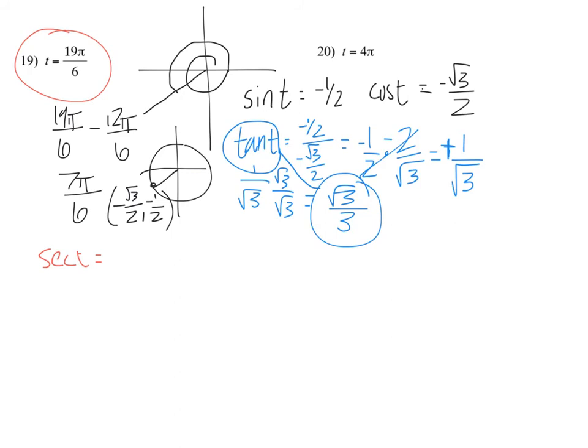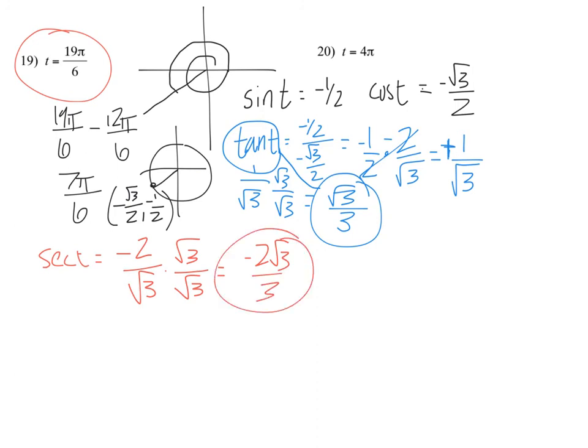So that's going to be negative 2 over the square root of 3. Multiply that by square root of 3 over 3, and I get negative 2 square root of 3 over 3. So that's secant. Cosecant goes with sine, so that's just going to be negative 2, because I just flip the negative 1/2 up there. And then the last one is going to be cotangent of t.